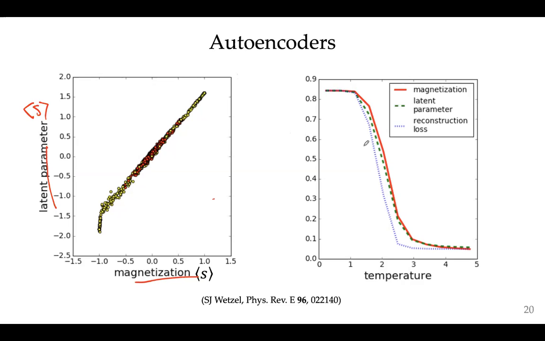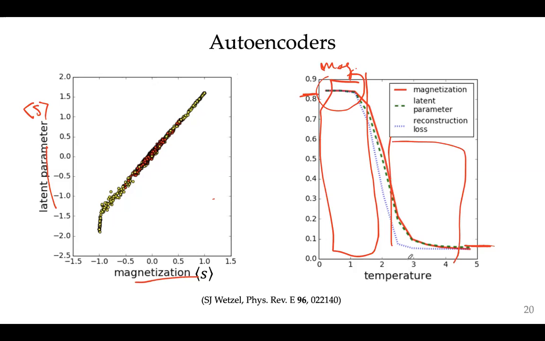And if you plot the magnetization and the latent parameter with respect to temperature, they're actually on top of each other. And you can even distinguish the two phases. The magnetic phase here, you can see that the magnetization is almost 1. Here, the magnetization is almost 0. So this is the magnetic part, and this part is the non-magnetic.